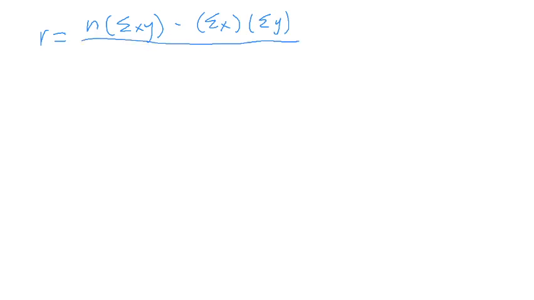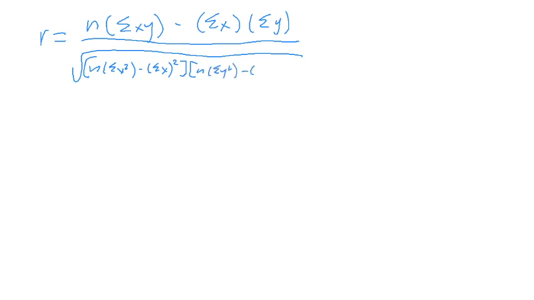So r is equal to n, which we just determined, n times the sum of the product of x and y, product meaning what you get when you multiply them, minus the sum of x times the sum of y, all over a very big square root sign, where we have n times the sum of x squared minus the sum of x, squared, just a slightly different order here. And then we do the same thing for the y variable.